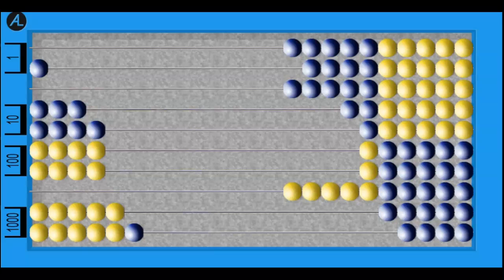So remember how we do it. If we're making a trade, remember how we write a number up above the next column. So when we made that first trade, we traded 10 ones for 1 ten. Remember, we put a 1 up above the tens column in our addition, right? So I want to see that addition problem neatly written on your paper.